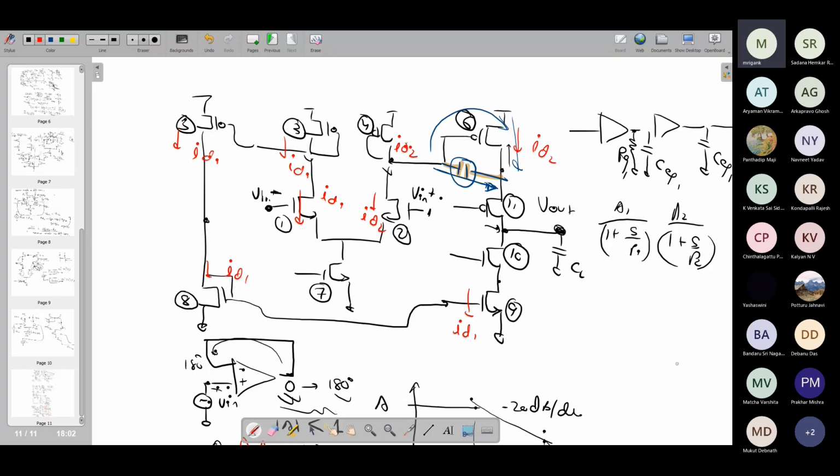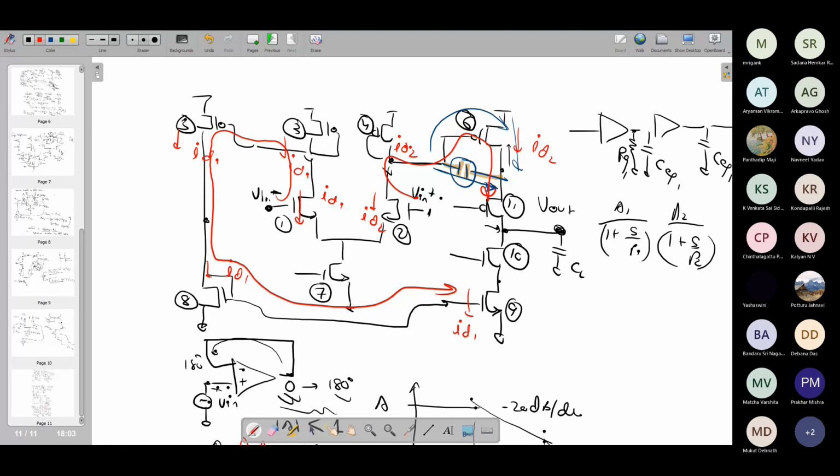Now, if you look at the signal paths, from the first input the signal is flowing in this direction. You have a signal path for the first input. For the second input, the signal is flowing in this direction. So the signal path from the negative input to the output is different from the signal path from the positive input to the output.